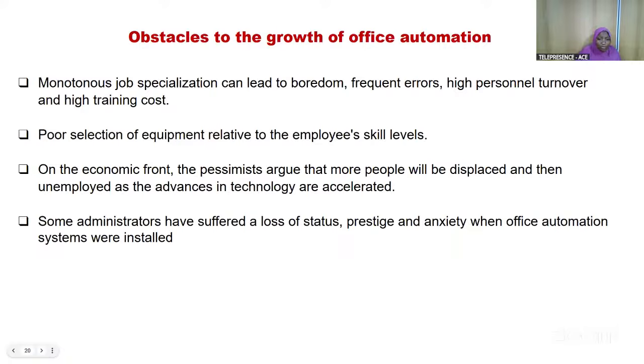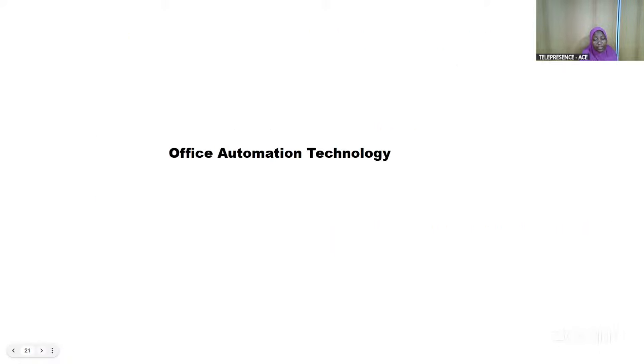So some administrators will suffer loss of status, that prestige. And of course, they may be so anxious that once these systems have been installed, it's another thorn in their flesh. So these are the downsides of office automation. Like I said, there is no technology that will not have its downside.